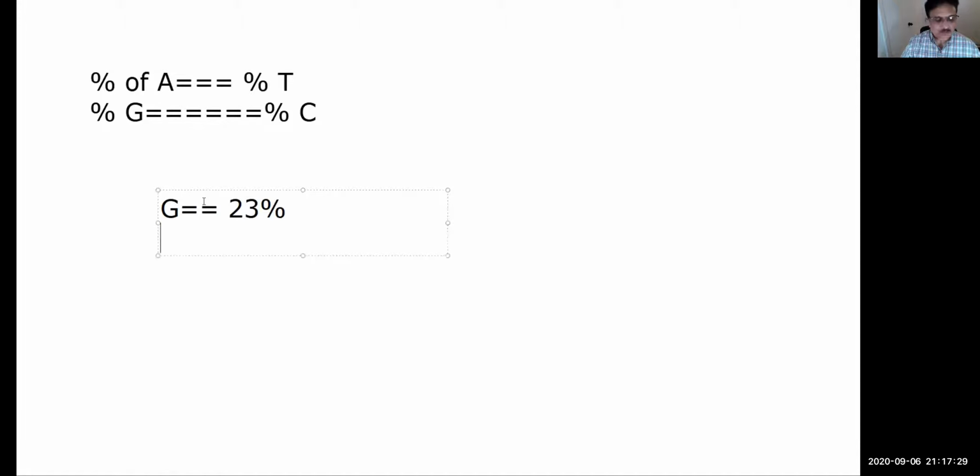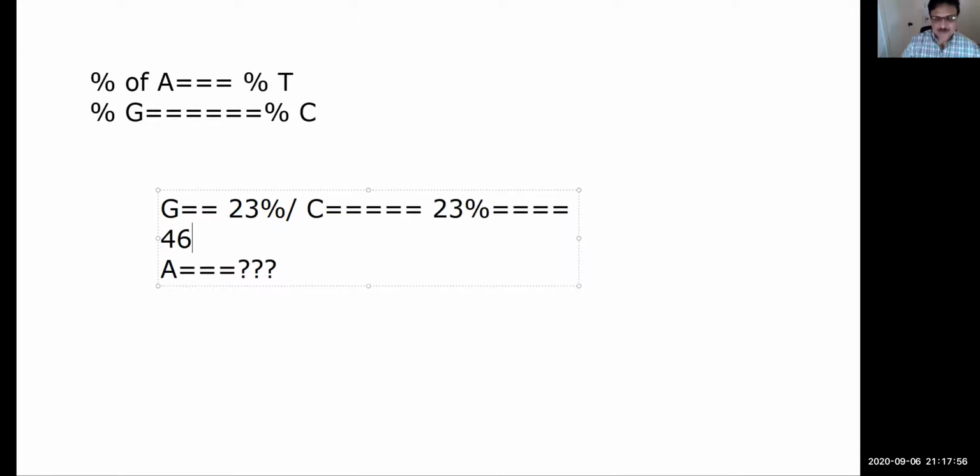The question I will ask you is, what is the percentage of adenine? So how to calculate? It's very straightforward. If guanine is 23%, then cytosine will also be 23%, right? Because what is Chargaff's rule? That percentage of G is equivalent to percent of C. So what's the total? It will be 46.